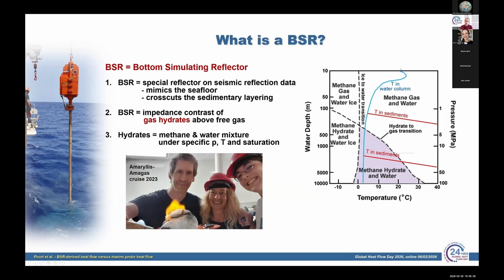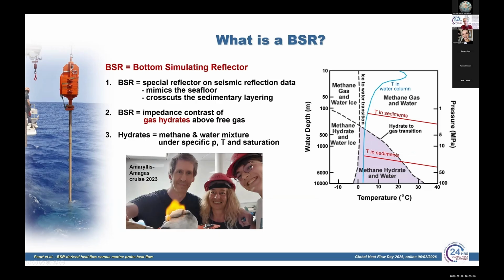So again, on this picture, what you can also see is that for shallow water depths, we will never come into an area where we can have methane hydrates. In order to have methane hydrates, we need to go to water depths of around 380 meters, depending on different conditions.